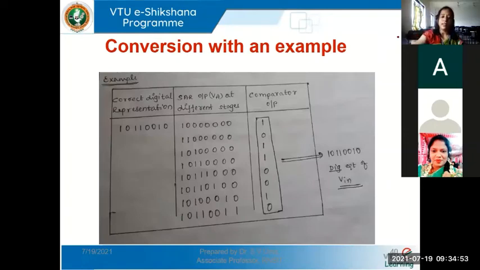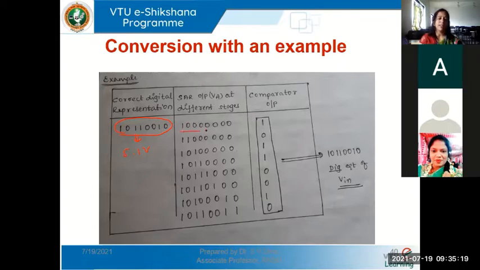Consider an example where we start off with an 8-bit DAC. This is the actual digital representation which equates to some analog voltage, 5.1 volt or something. Now, how do we start off with the approximation in the successive approximation register?